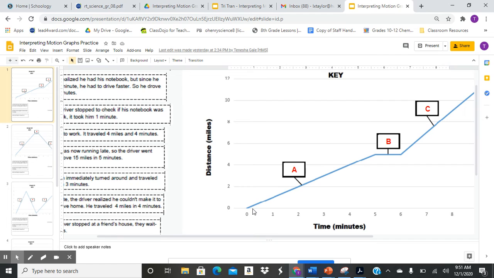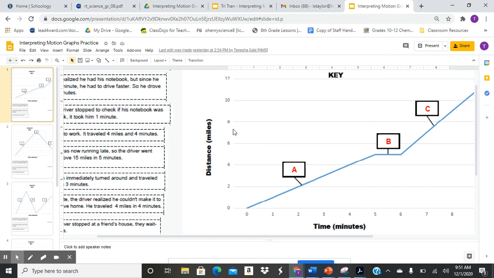So not only are we paying attention to, for example, that A is moving away from the starting point, we're also going to add that A moved about 5 miles away from the starting point in 5 minutes. Because if you look at line A, in 5 minutes it was at 5 miles. So it stops right here at 5 minutes.